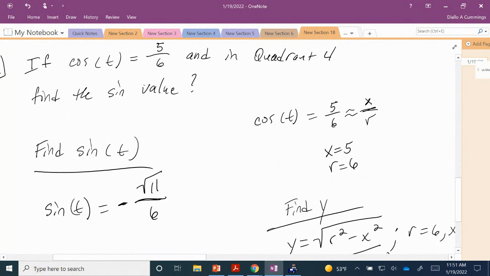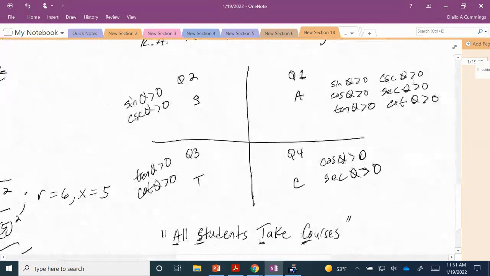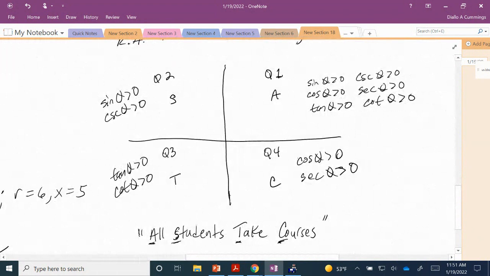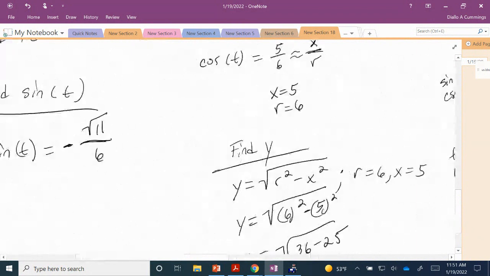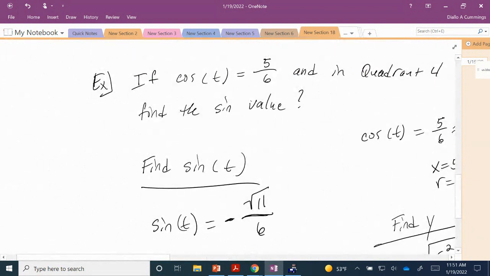Well, the first thing we had to do was determine the sign of sine, right? So from our reference angle chart, we know that in the fourth quadrant, only the cosine and the secant are positive. All other values should be negative. So we determined that the sine was negative.